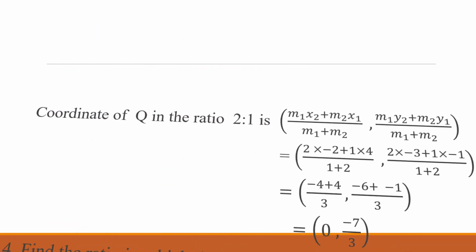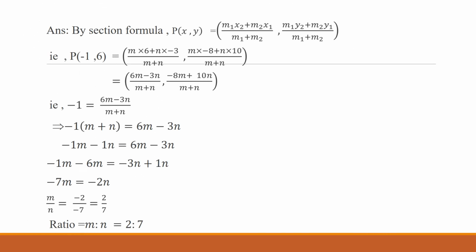Applying section formula, P(x, y) is equal to (m1 x2 plus m2 x1) by (m1 plus m2), comma (m1 y2 plus m2 y1) by (m1 plus m2). We can say the coordinate of P is given as (-1, 6), and the ratio is missing. So, I am going to take it as m and n.